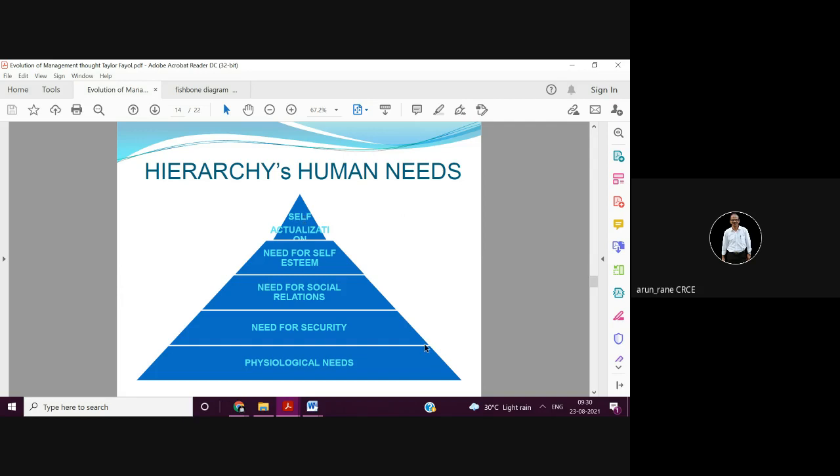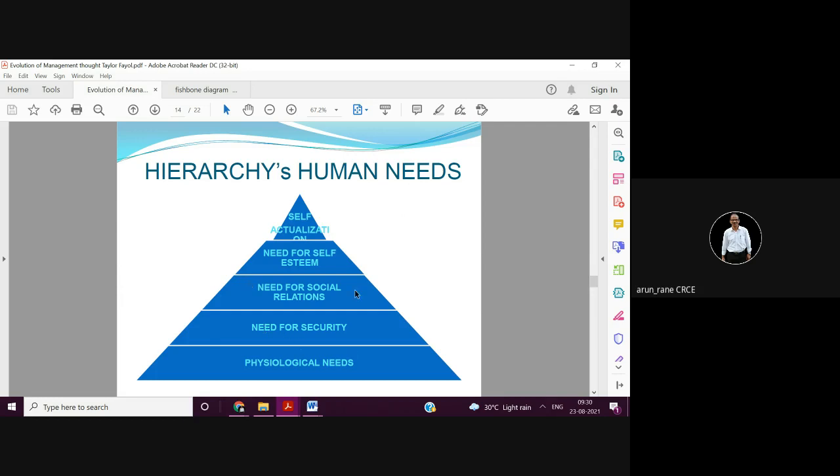So this is your hierarchy of human needs. What do people need? Psychological needs have to be satisfied. That is basic food, shelter. Then people should feel secure.